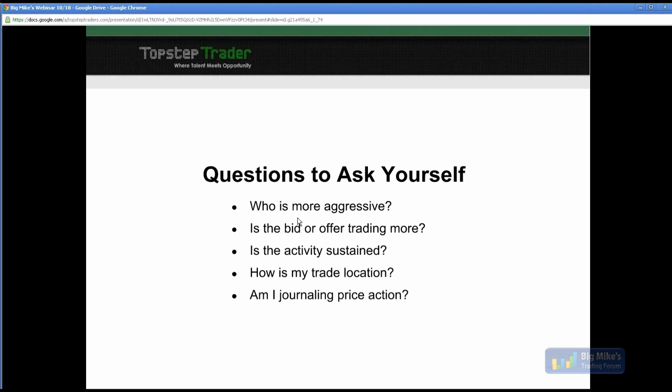This distinction has proven very important in my own trading, and I think to a lot of the traders in the Top Step Trader program. Is the activity sustained? Seeing sustained activity in the dome or time and sales is what really alerts me to the presence of another time frame player, a commercial player, somebody who really moves the market.